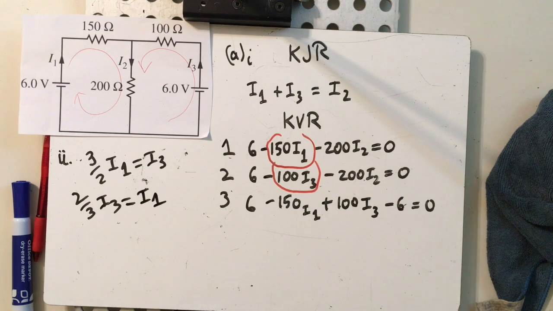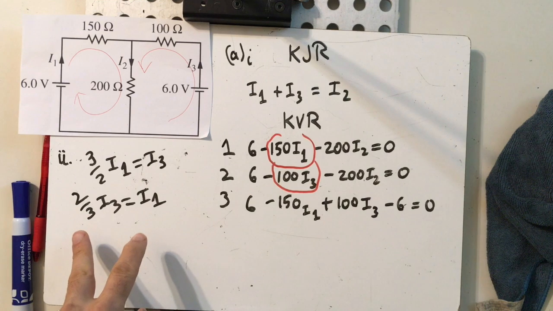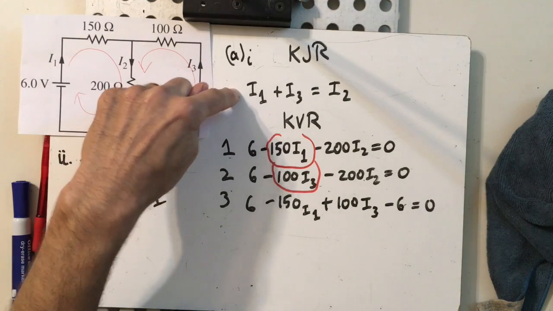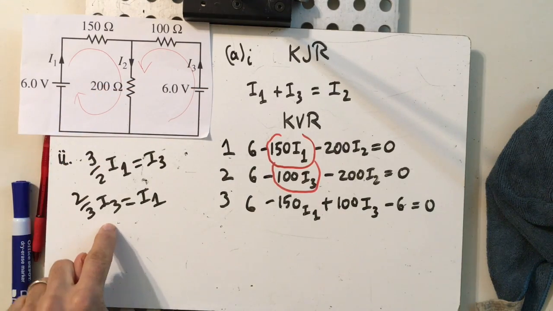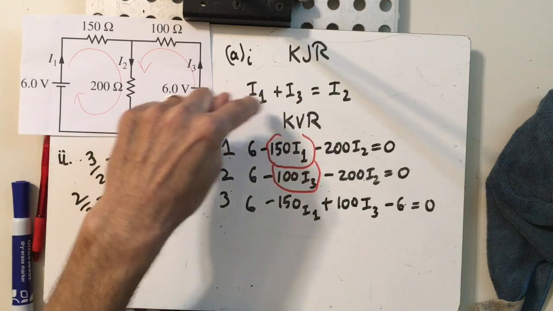Let's look at equation 2. Now I've found this relation between I3 and I1. I'm trying to find current I2. I'm going to go back to my junction rule equation and substitute in 2/3 I3 for I1. And then I'll just have an equation that relates I3 and I2.